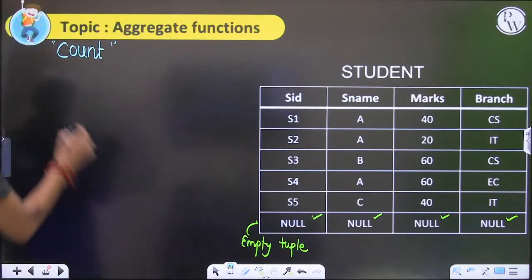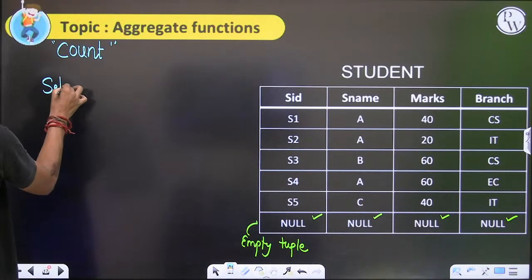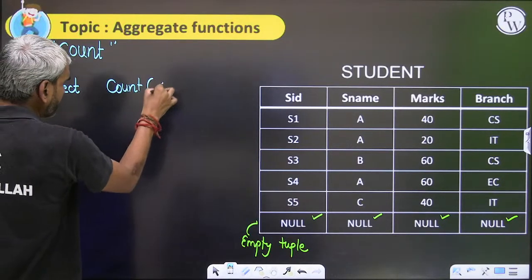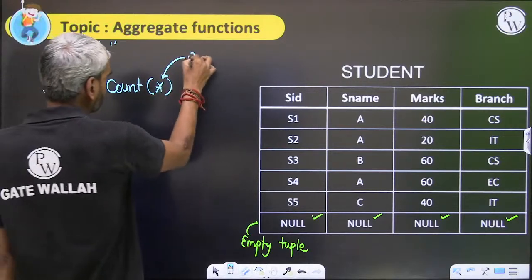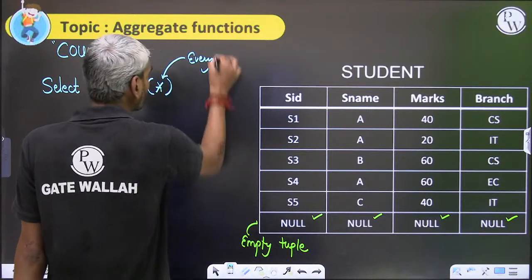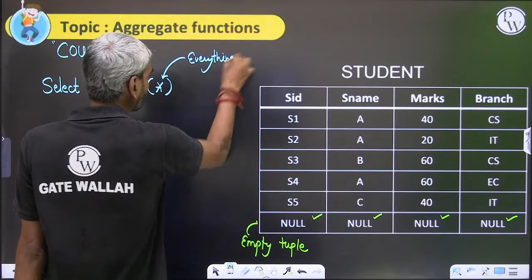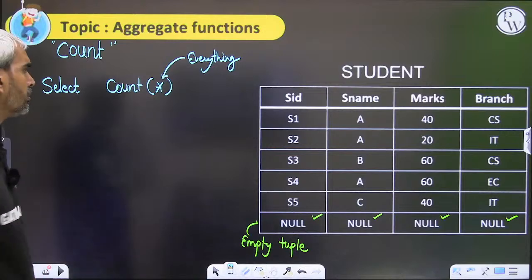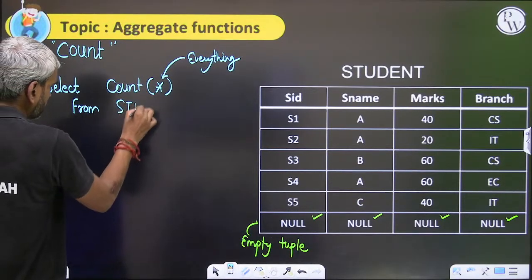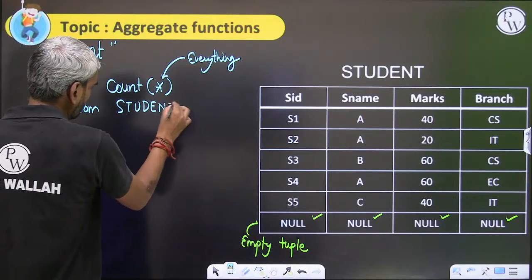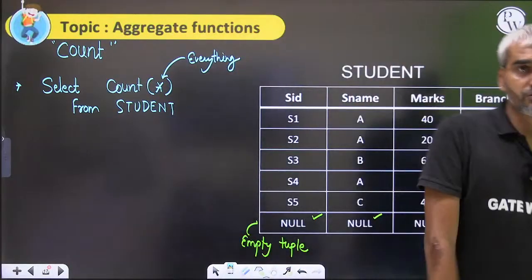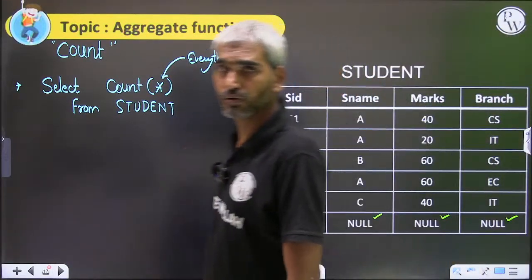Then I say select count asterisk, asterisk means everything, count asterisk from student. What will be the output of this particular query?